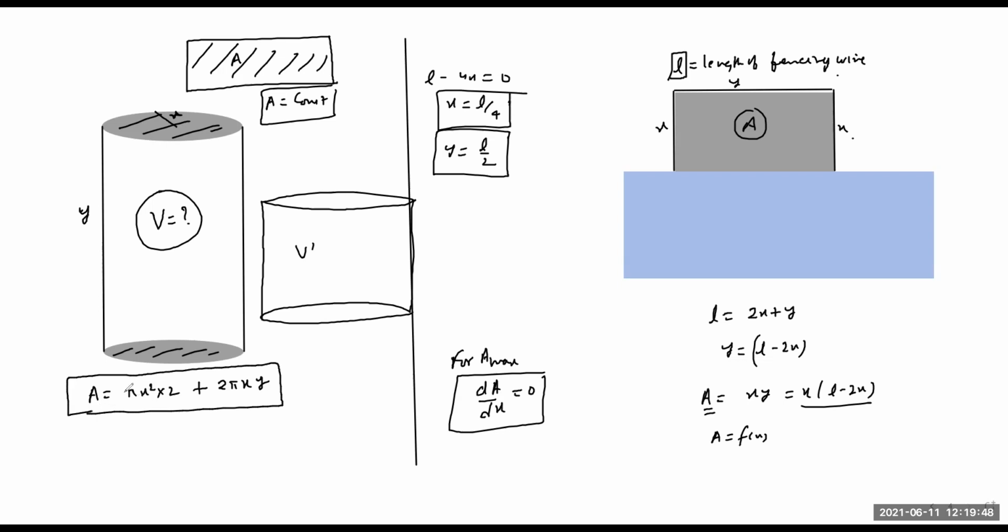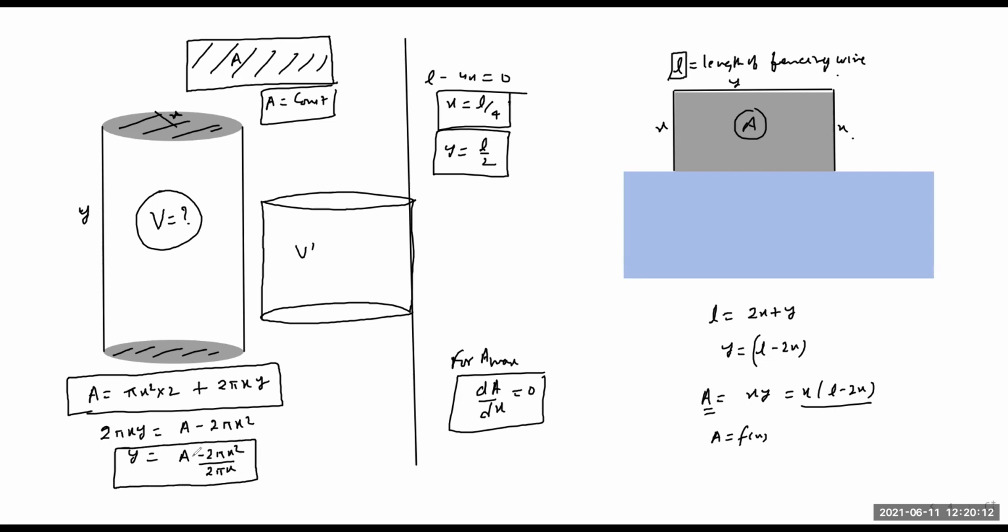So you can choose x and y which satisfy this formula. I can write y from here: 2 pi x y equals A minus 2 pi x square, and therefore y equals (A minus 2 pi x square) upon 2 pi x. Oh, that's nice. So we got y as a function of x.